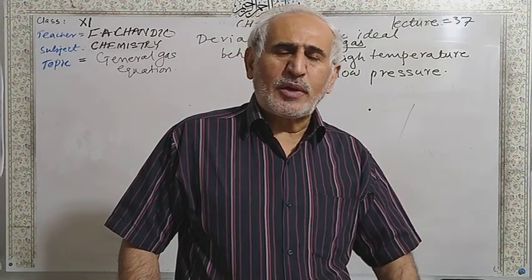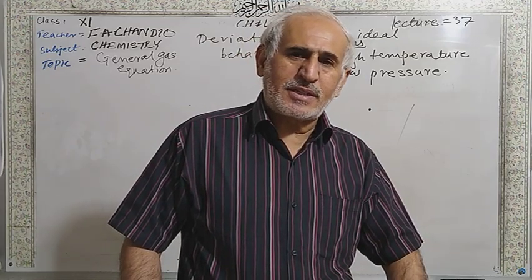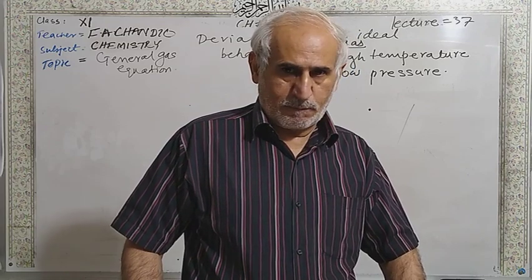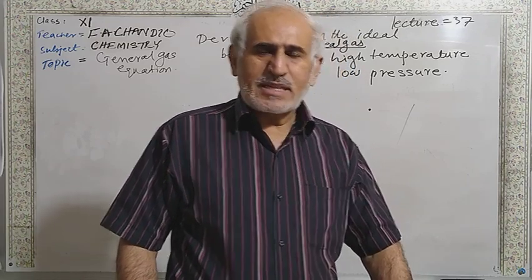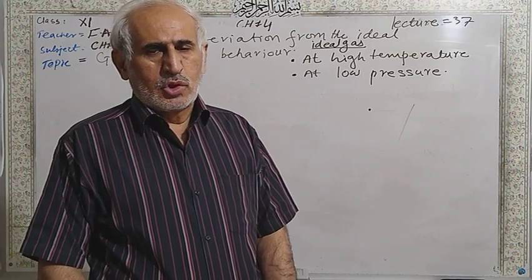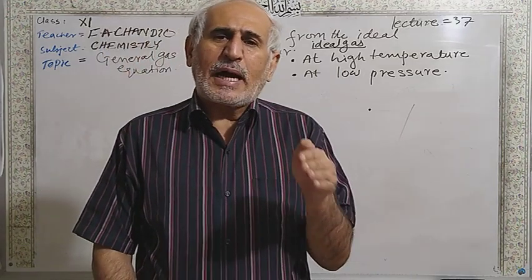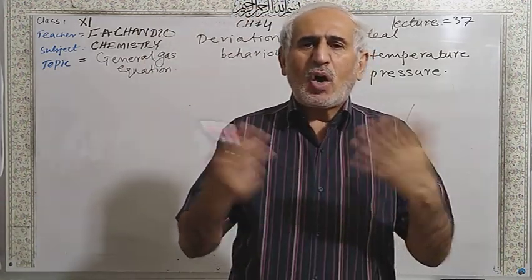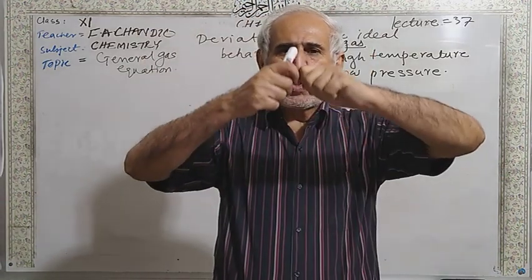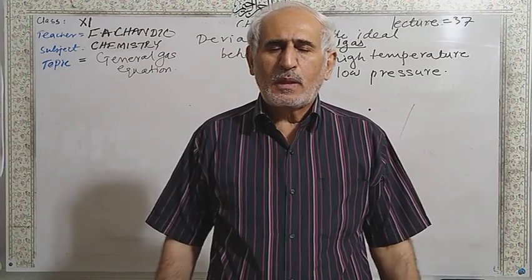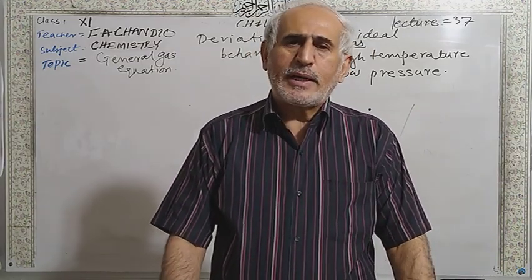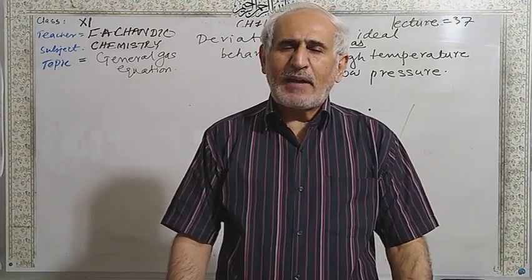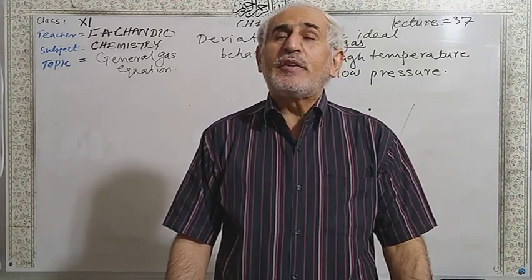And there are two faulty points in the kinetic molecular theory of gases. They are explained according to these two factors. Otherwise, gas behaves non-ideally. When I talk about how a gas is ideal, it means the gas molecules are away from each other. The gas molecules should have more distance between them.